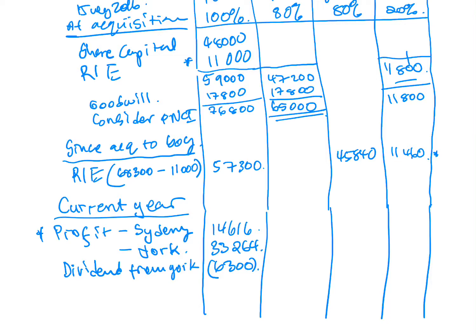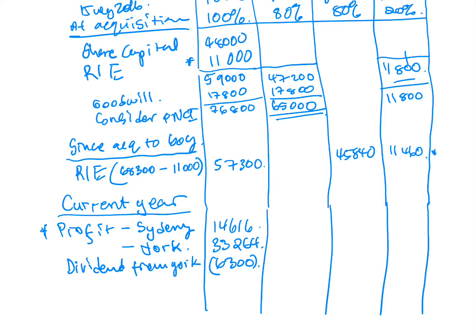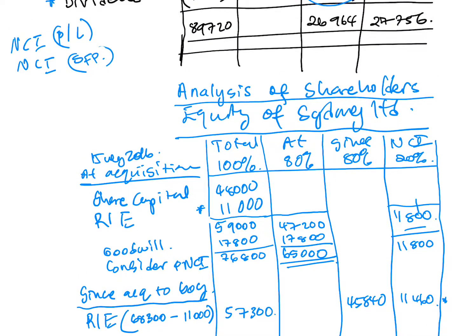Right, then there is the issue of the gain on bargain purchase that was made in York Limited.